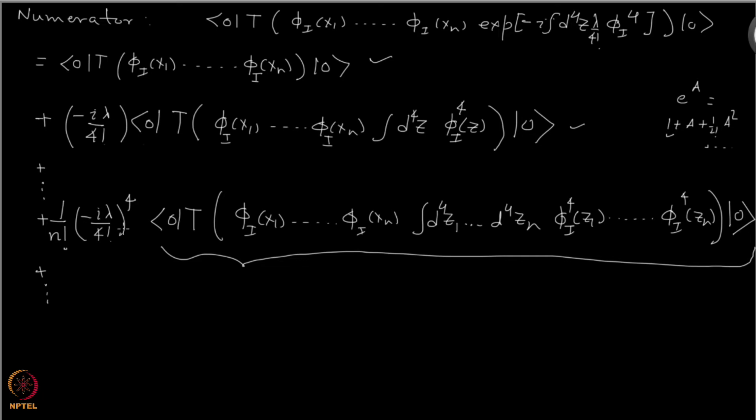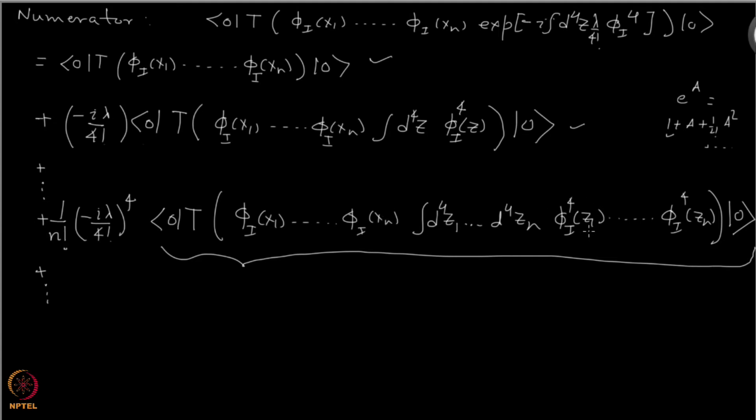Which, apart from these integrals and some factors, is just the expectation value of a time-ordered product of a certain number of fields, in which some fields are at space-time points which you decide. You choose the external points x1, x2, xn, and some others are internal points, right?